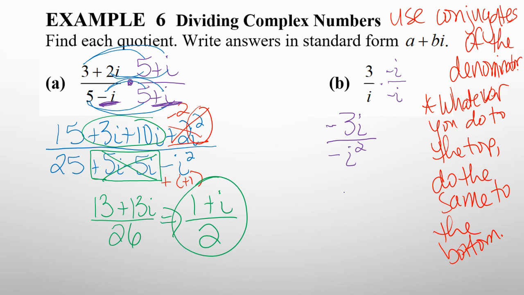We have no reducing to do to the negative 3i, but on the bottom, negative i squared is really negative negative 1, which is 1. And so that becomes just 3i.